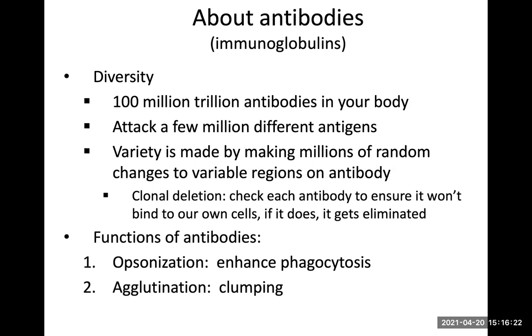So agglutination just is to clump. Of course, eventually that will also have to get taken up by phagocytes. And then we also learned that antibodies have the ability to activate complement. And earlier in the first lecture, we learned that antibodies can also trigger what's called antibody-dependent cell-mediated cytotoxicity.